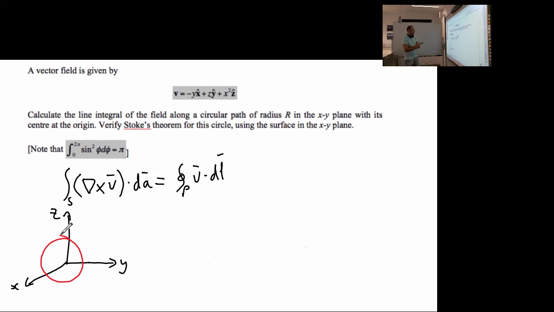Well, it's in the xy plane, so our infinitesimal displacement element, dl here, is going to be off in that direction. So it's going to be in the phi hat direction. So we have our infinitesimal displacement element vector is going to be equal to s d phi phi hat.